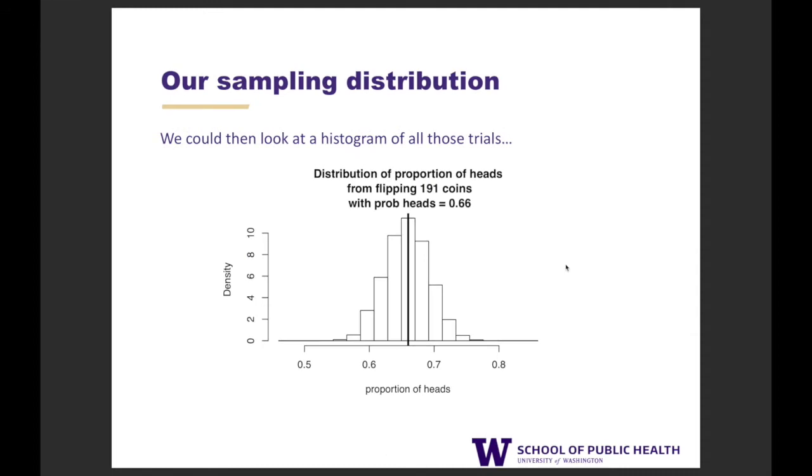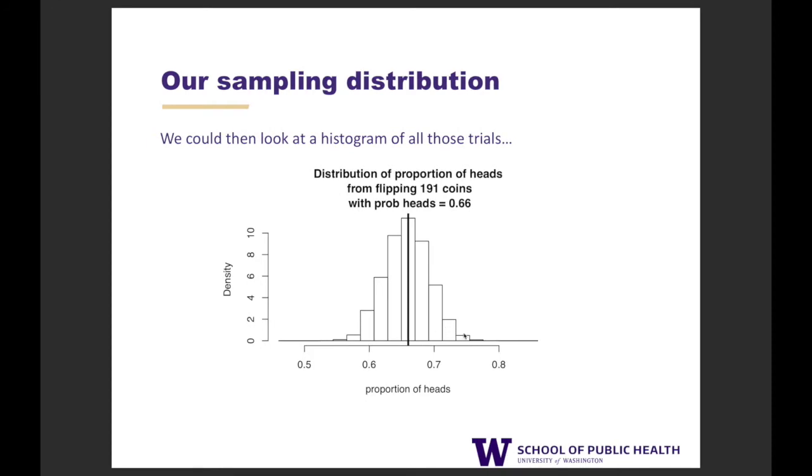And in this case, when we look at this histogram, what we see is the histogram is centered at 0.66, right? Because that's the probability of heads, so maybe that should be the center of this histogram of proportion of heads we see. And we see on some trials we get as low as 60% or even maybe down to 55%. So of those 191 flips, on some trials as few as 55% of them are heads.